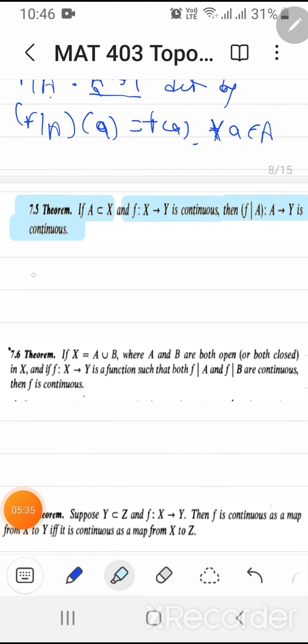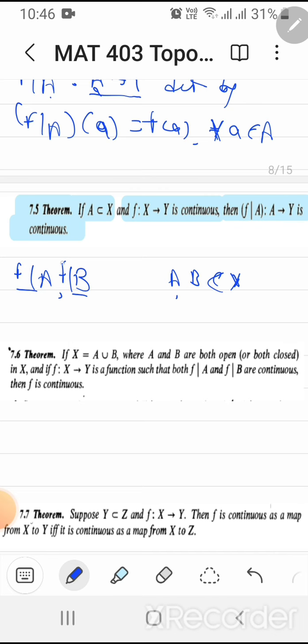Now the next result is on two restriction functions. Suppose there are two sets A and B, and the functions f restricted to A and f restricted to B. Here A and B are subsets of X, and if these two restricted functions are continuous, then the function f from X to Y is also continuous.